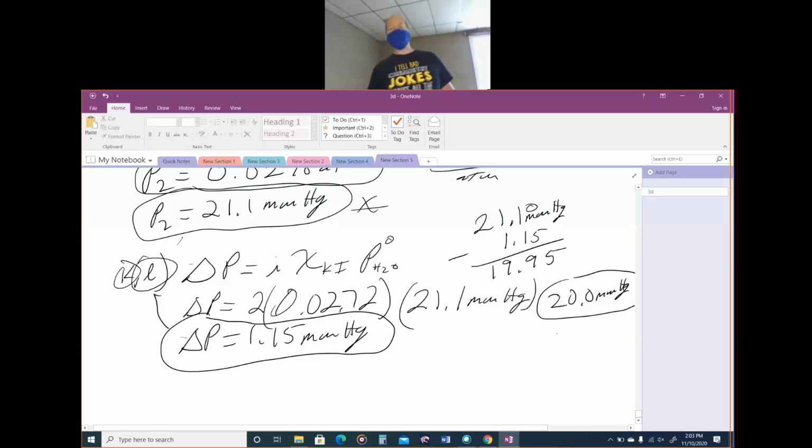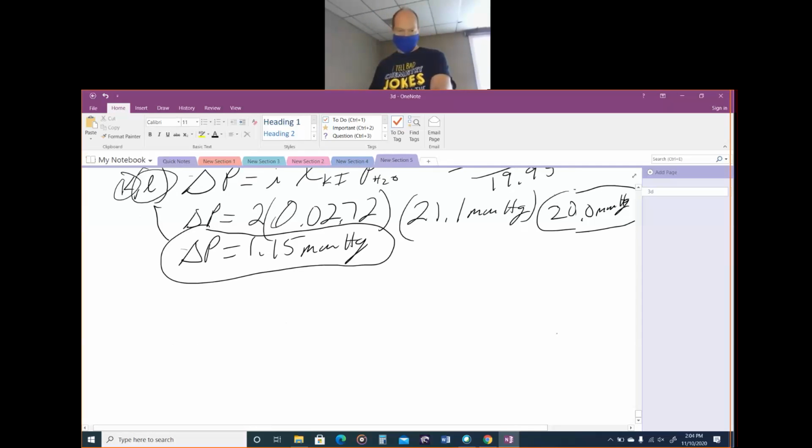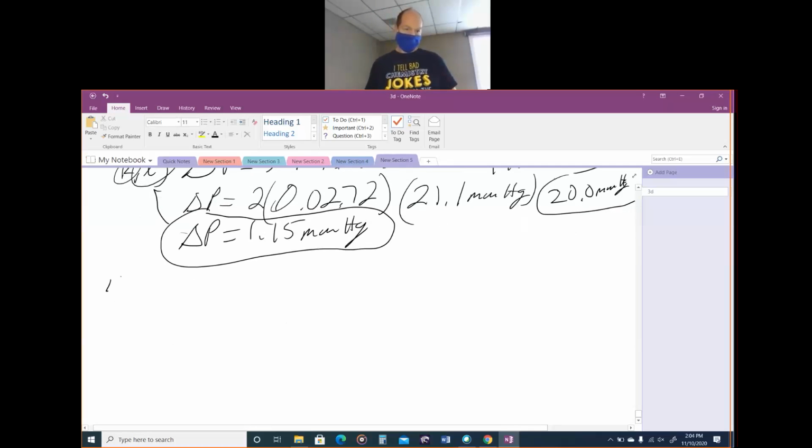The vapor pressure of the solution is 20.0 because it had a vapor pressure lowering of 1.15 millimeters of mercury. All right, that is number 3. Number 4.